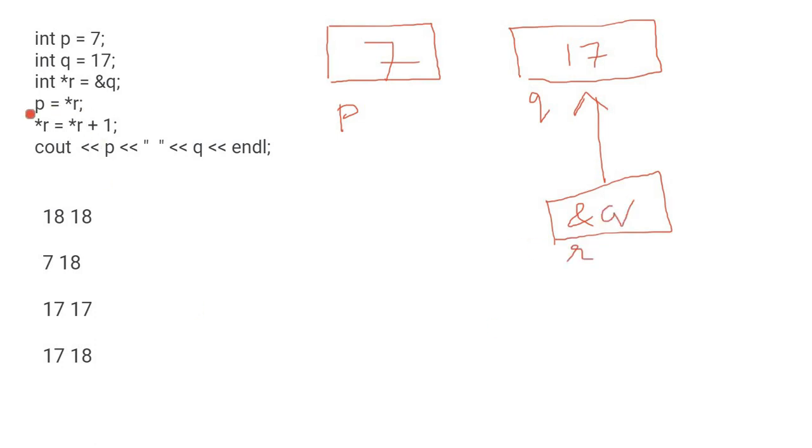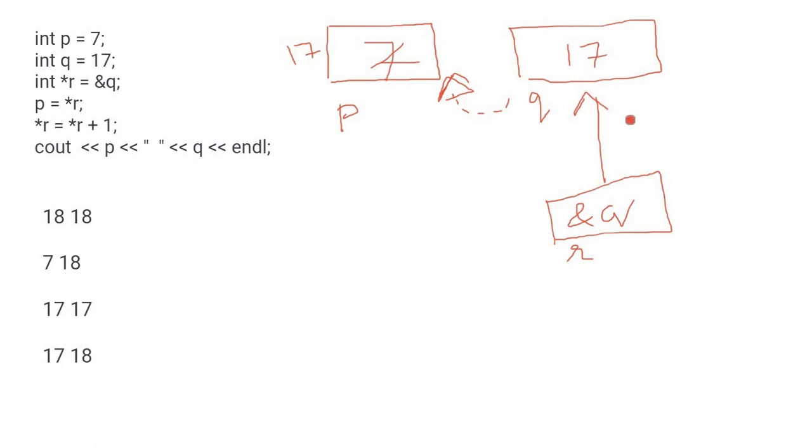Now, p is equal to *r. The star is the dereferencing operator, so *r means the value 17. So the value 17 is copied into the variable p. So 7 is overwritten with 17.